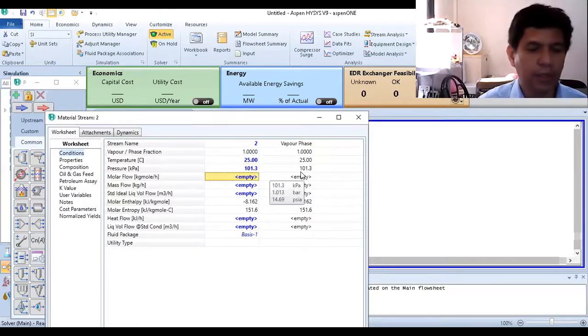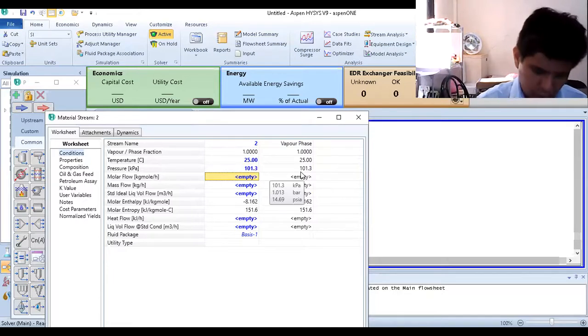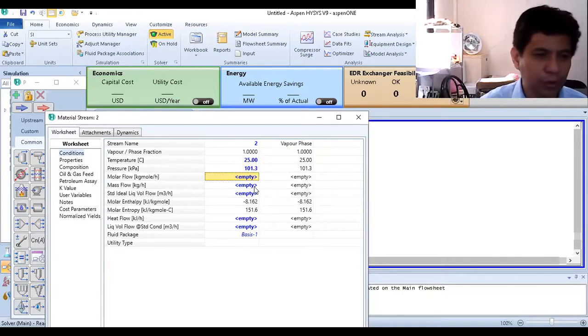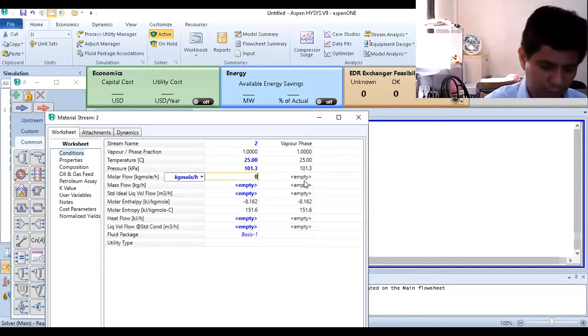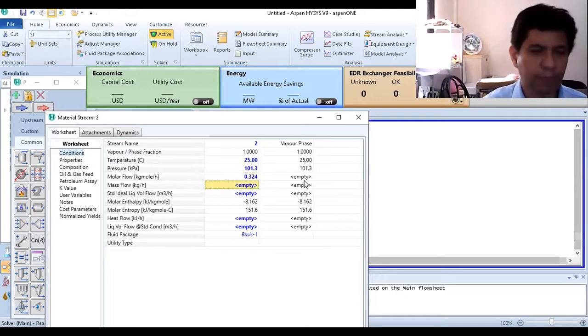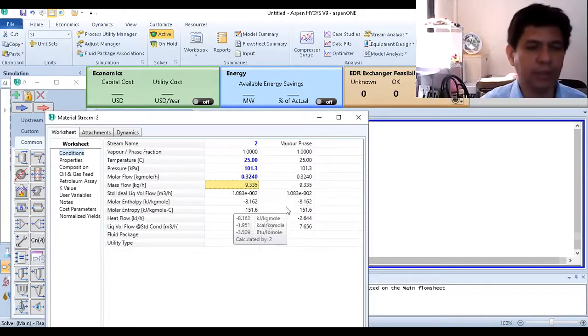Okay, and then yung 11 times ng 0.029 kanina, that will give you 0.324. So enter 0.324 in kilogram mole per hour. Okay, so as you can see, the air stream converges.